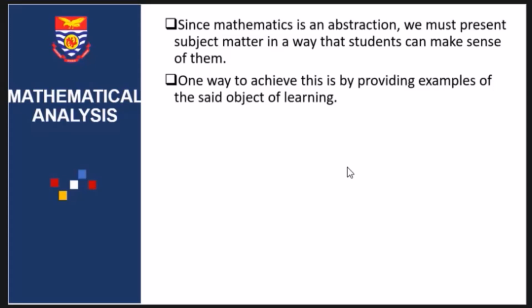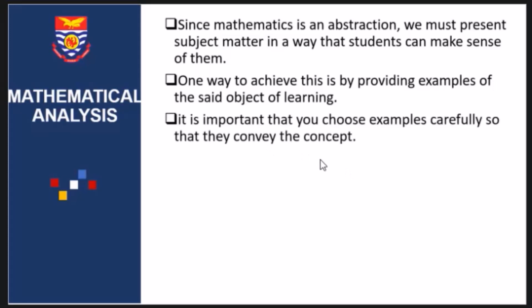So one way of making our students see the sense in the abstract nature of mathematics, or the topics that we treat, which are mostly abstractions, is to provide them with examples of whatever object of learning we are dealing with. It is important that you choose examples carefully so that they convey the concepts.